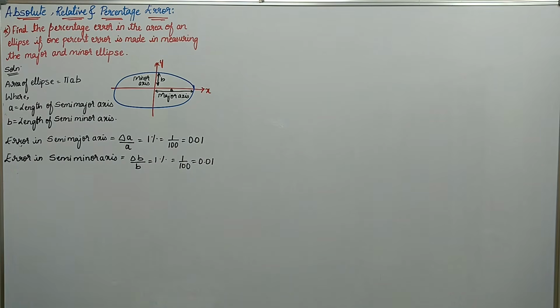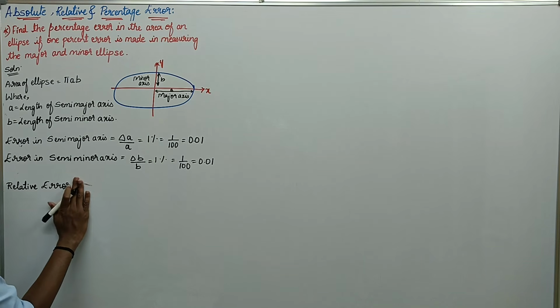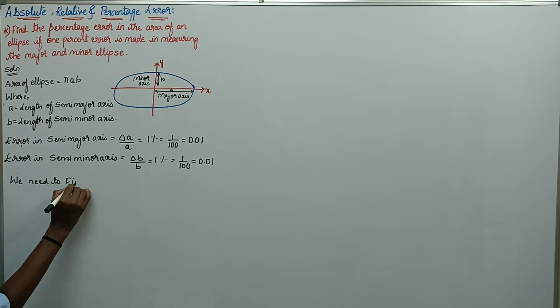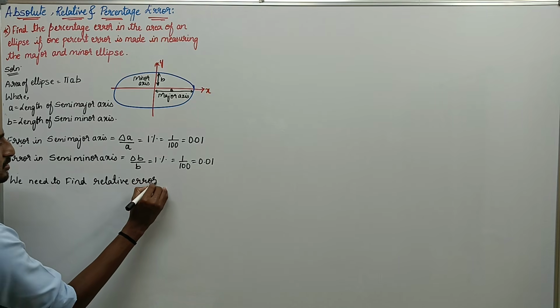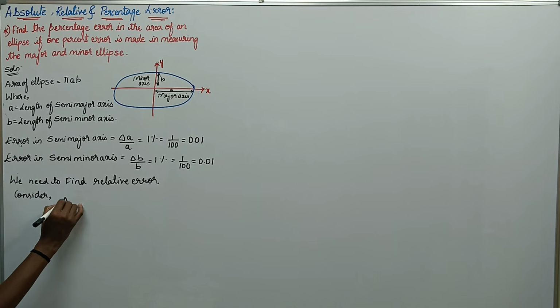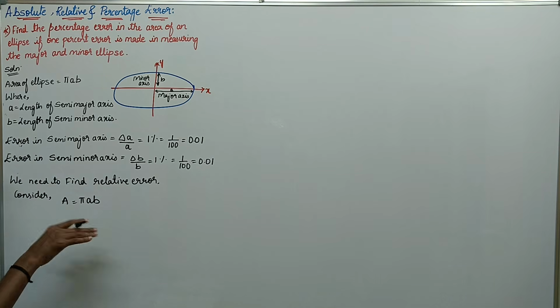Before finding the percentage error, we are supposed to find the relative error. To find the relative error, we are going to consider the area of the ellipse A equal to pi a b. To find only the relative error, you can simplify in this pattern also.